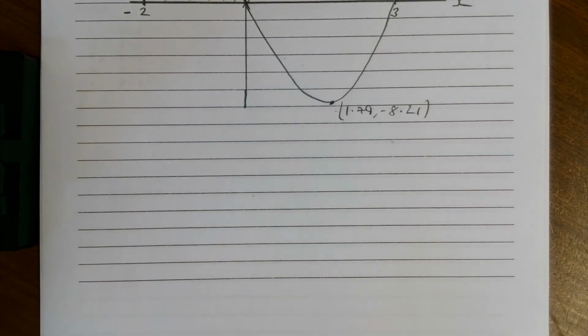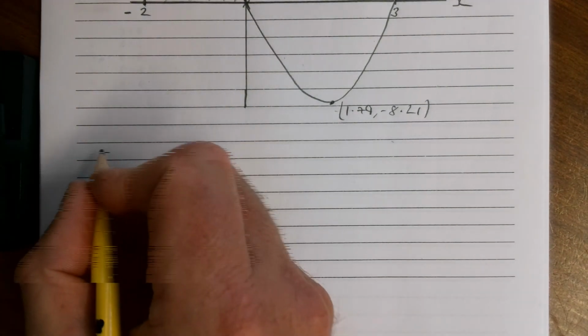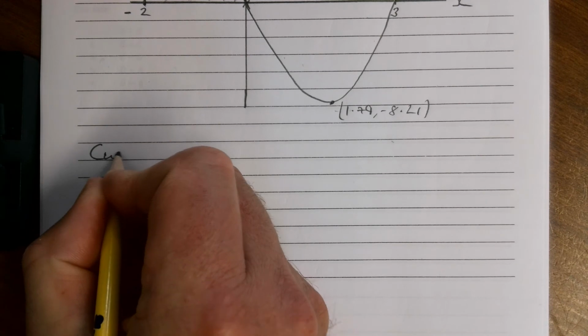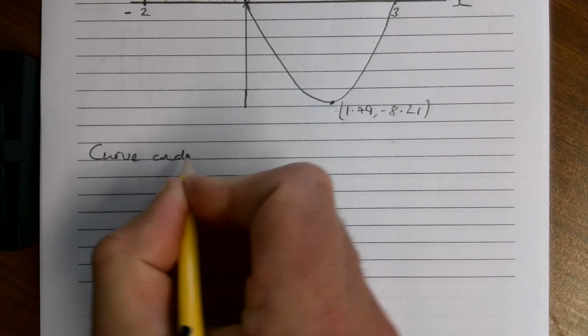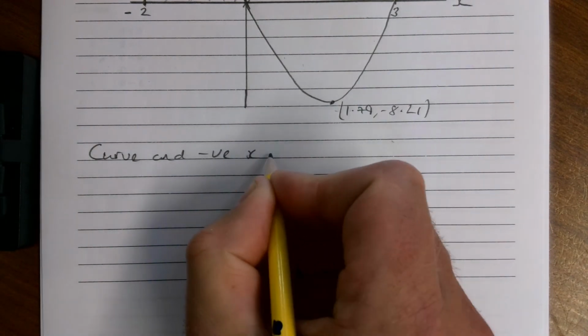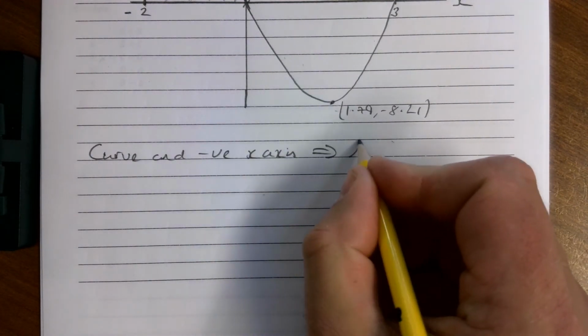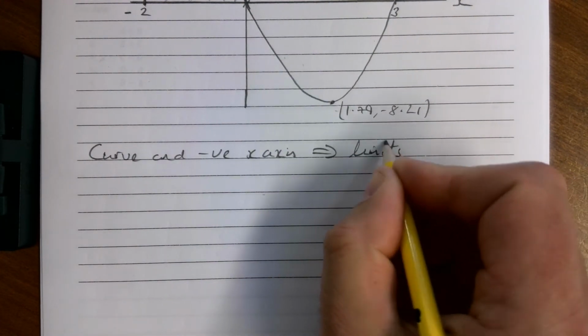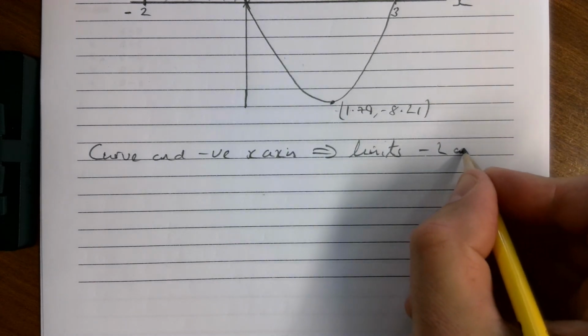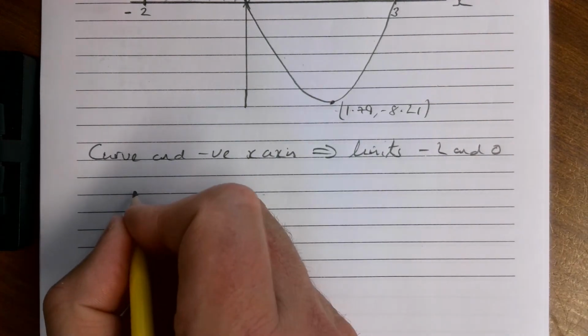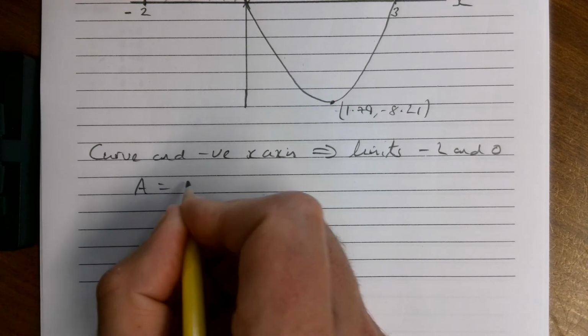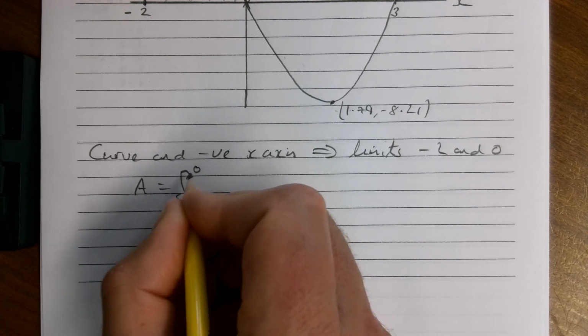So let's go about doing that. Again, we'll take down what we have there. So we have curve and negative x-axis means the limits are minus 2 and 0. So we're going to find the area in between 0 and minus 2.